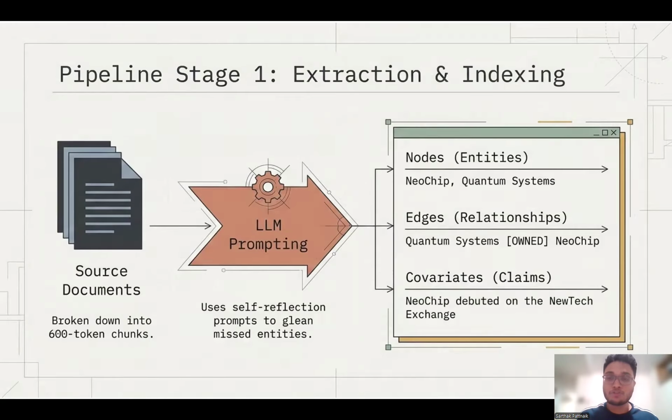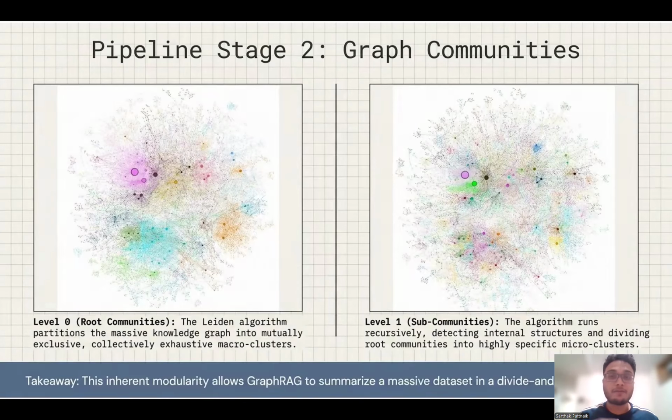So again, just to demonstrate to you in a much more cohesive way, you have source documents, you prompt your LLM to form nodes and edges, and then you basically form graph communities from those entities and relationships. There are a whole host of ways in which you can do that.